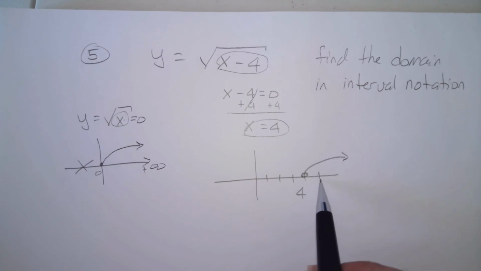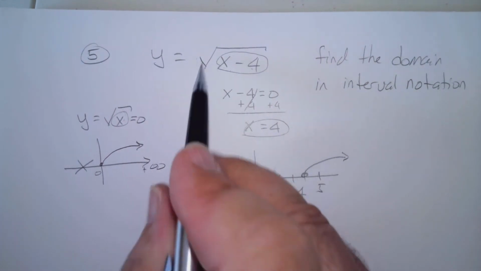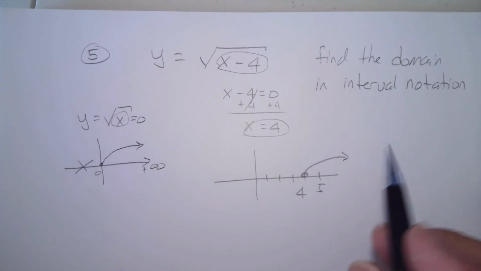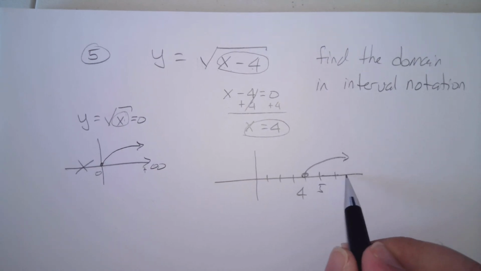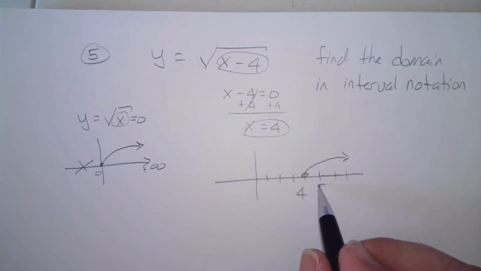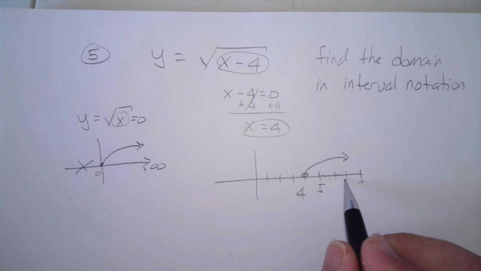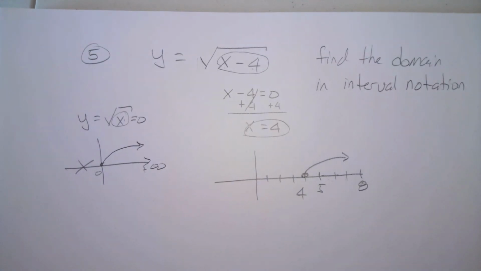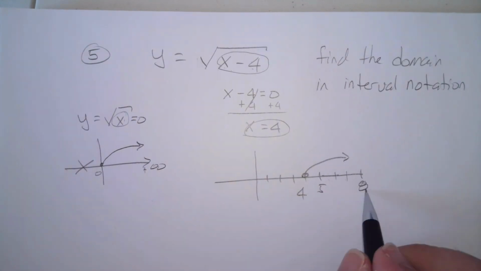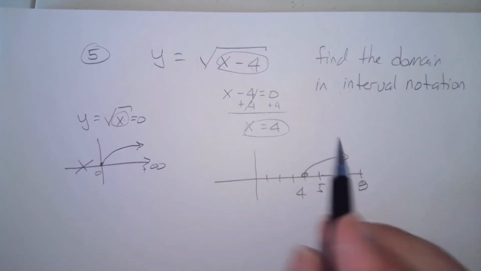Because if I put 5 in there, 5 minus 4 is 1. Square root of 1 is 1. How about this one? 8 minus 4 is 4. Square root of 4 is 2.